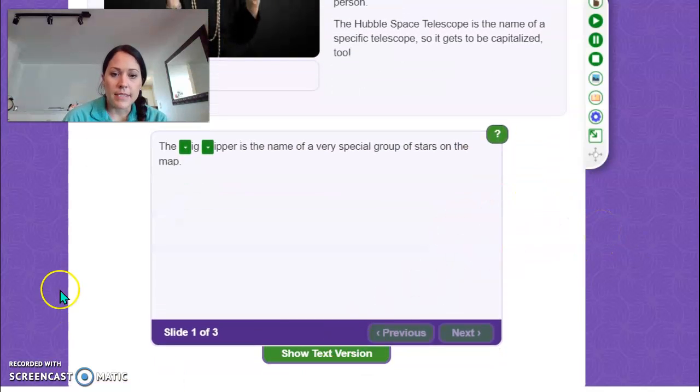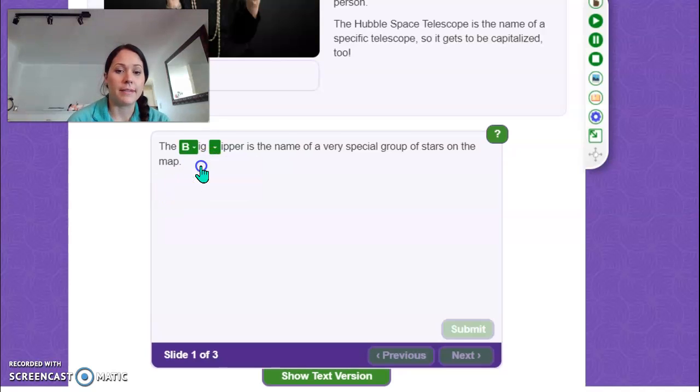So here we are missing some capital letters, or some letters, and so we're going to figure out what we're missing. The blank blank is the name of a very special group of stars on the map. So it's the name of a special group of stars. So do you think we would do capital B or lowercase b if it's a special name?